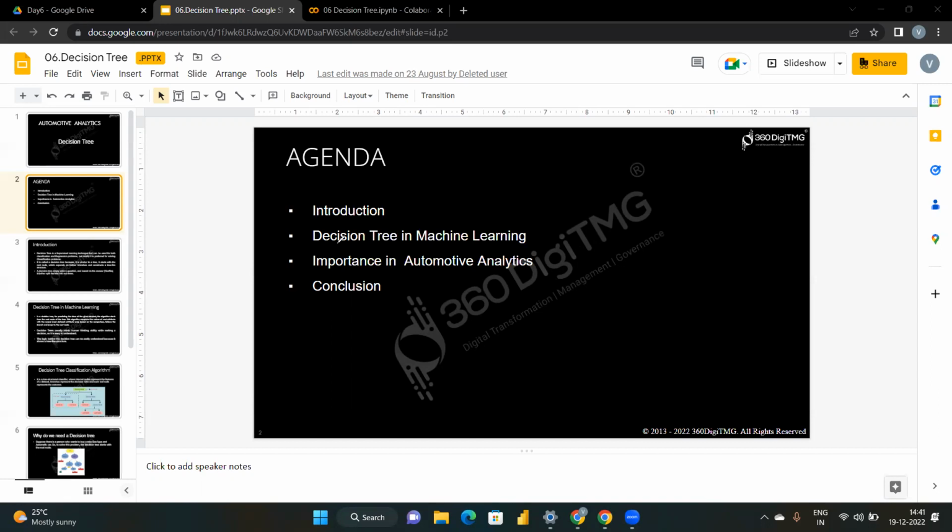So we'll be seeing the important things related to automotive analytics. After covering the introduction, decision tree in machine learning algorithm, and understanding the importance in automotive analytics, we'll be jumping into the conclusion, guys. We'll be seeing what type of things will be useful for us. So what is our conclusion in decision tree?